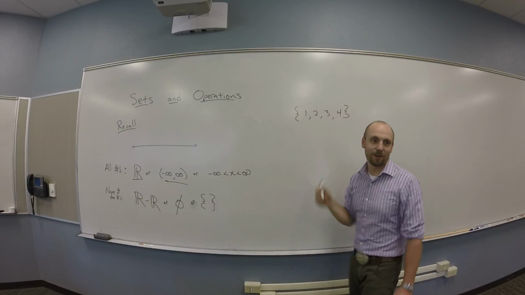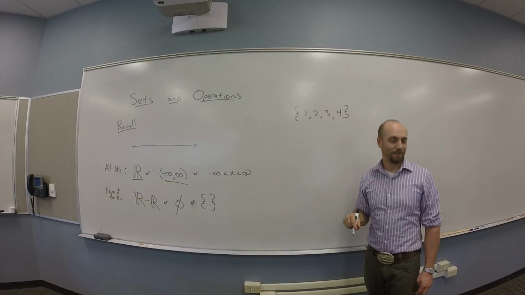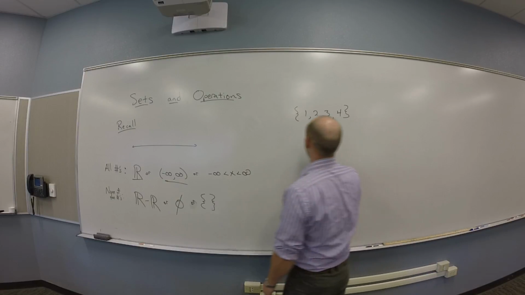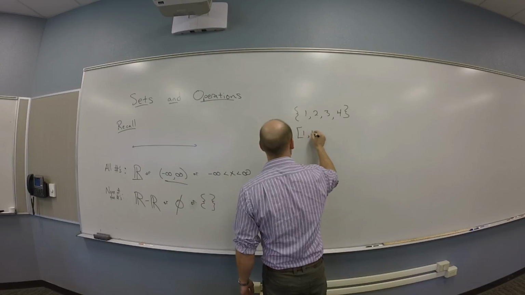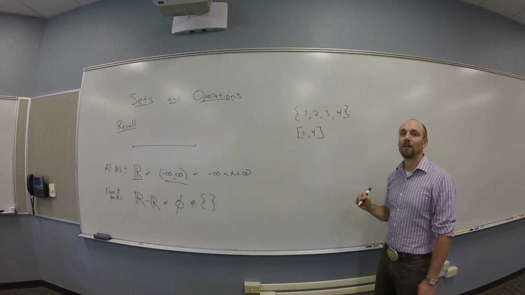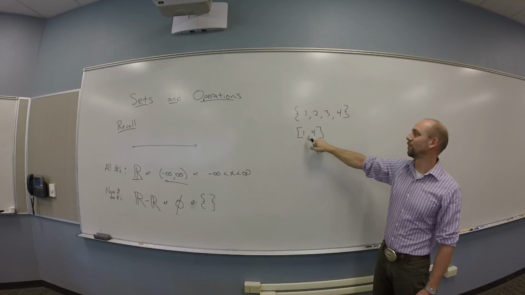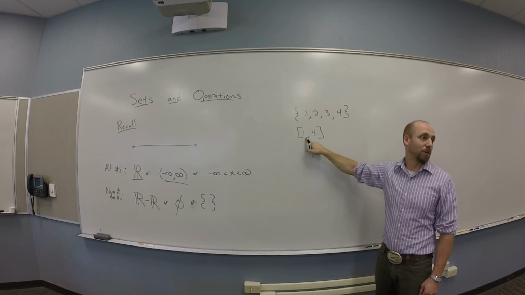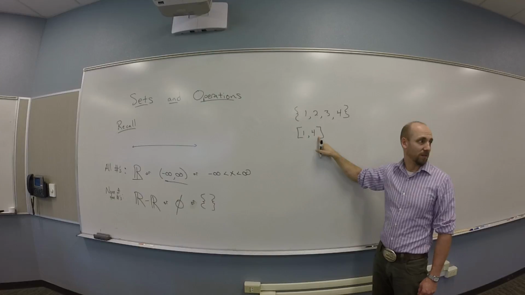So how many things are there in here? 4. Good. How is that different than this thing? Yeah, good. This includes infinitely many things: all the real numbers between 1 and 4, including 1 and 4.